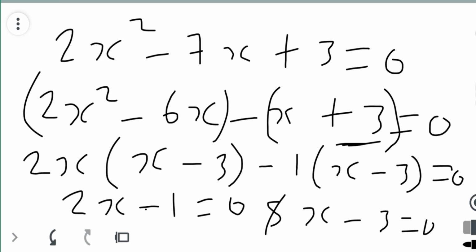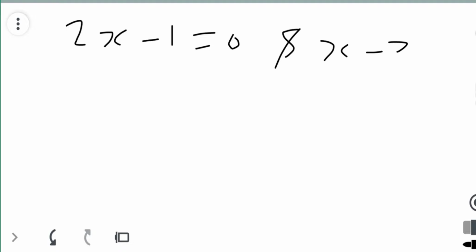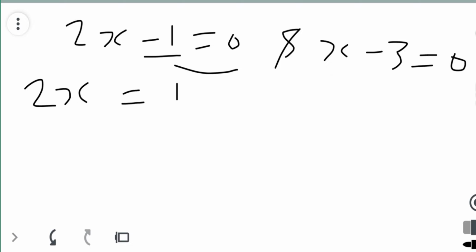So let me take it to the next page. We said we have 2x minus 1 equals 0, and x minus 3 equals 0. From this first part, I can just take this minus 1 to this side. So I'll be saying 2x equals 1.